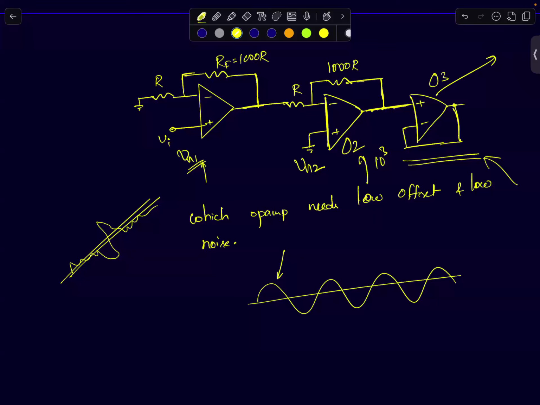Let's say noise turns out to be a sinusoid. What is an example of a pure sinusoidal noise? Your supply is generated from 50 to 60 hertz sine waves. Usually you will have AC to DC converters, and that will contain unwanted sinusoidal terms.